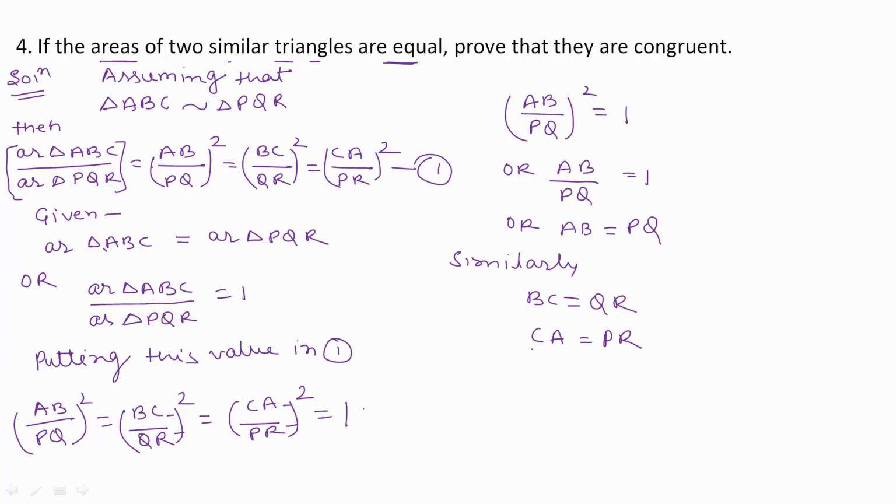So by the SSS congruence criteria, triangle ABC is congruent to triangle PQR.